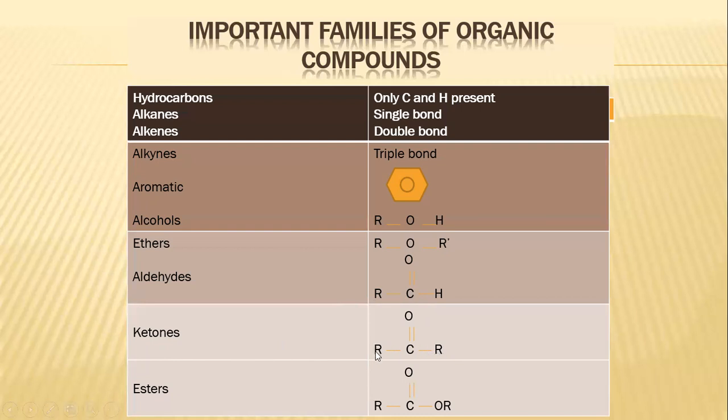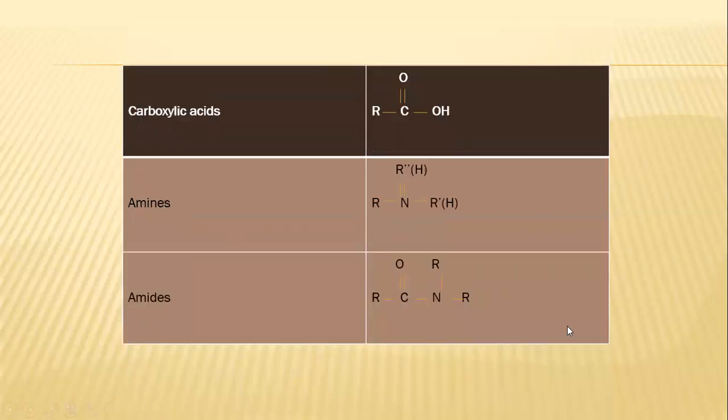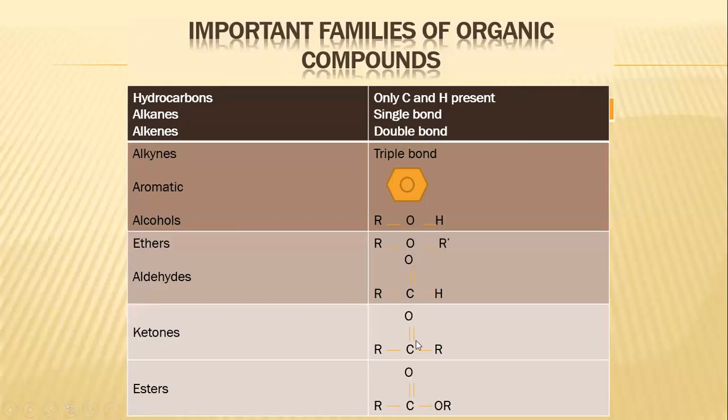Similarly, it can be CH3COC2H5. So propanone, butanone, pentanone, hexanone, that way you can name them, or else dimethyl ketone, diethyl ketone, dialkyl ketone.